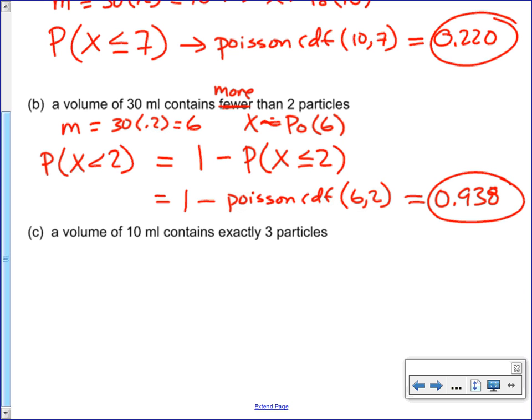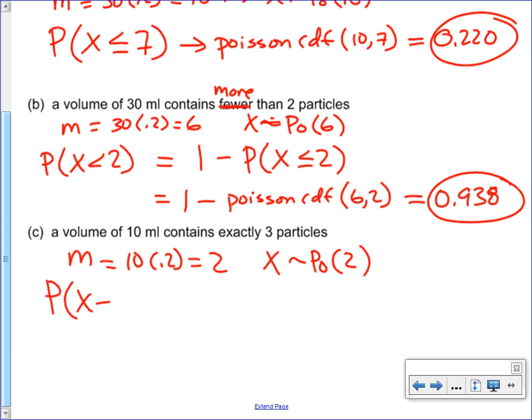Volume of 10 milliliters. It contains exactly 3 particles. So M is equal to 2. Okay, so x is a Poisson distribution with a mean of 2. Exactly 3 means P of x is exactly 3. Right?